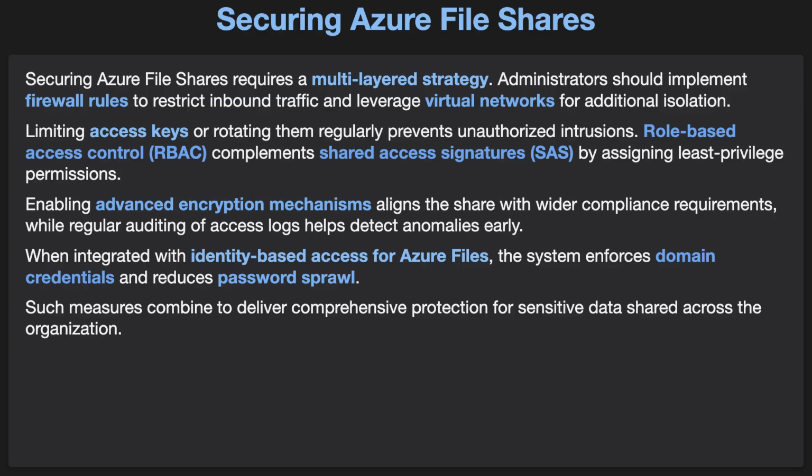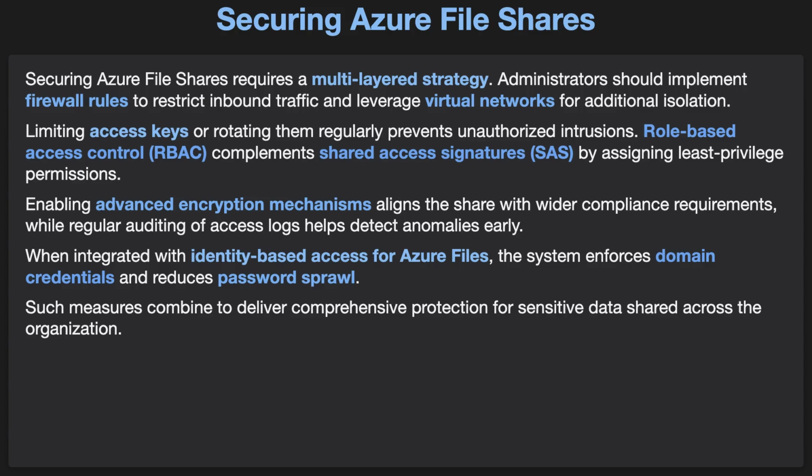Securing Azure File Shares requires a multi-layered strategy. Administrators should implement firewall rules to restrict inbound traffic and leverage virtual networks for additional isolation. Limiting access keys or rotating them regularly prevents unauthorized intrusions. Role-based access control (RBAC) complements shared access signatures (SAS) by assigning least privilege permissions.